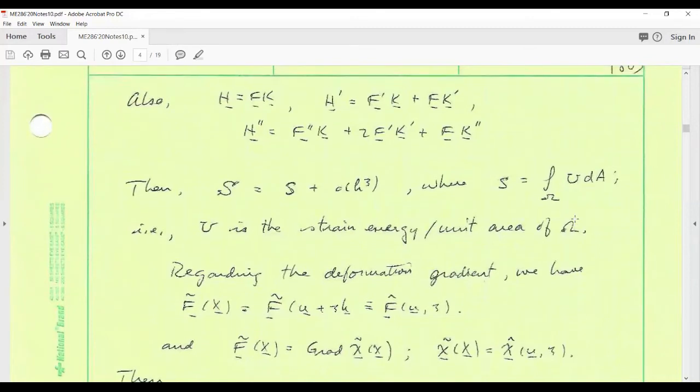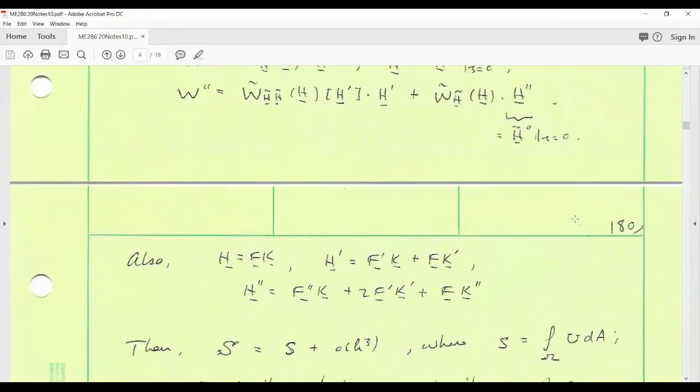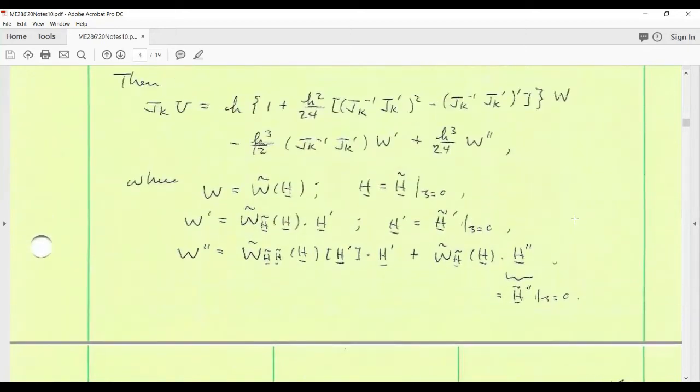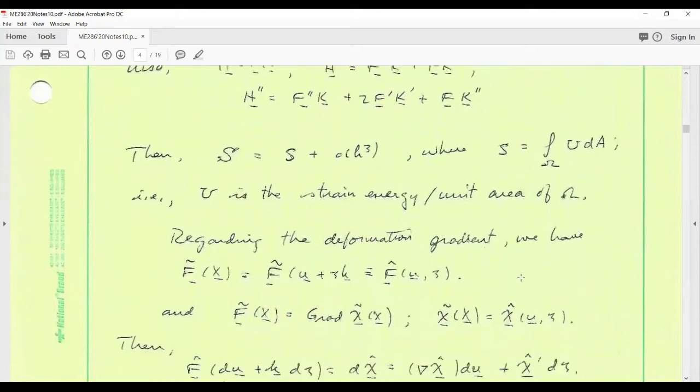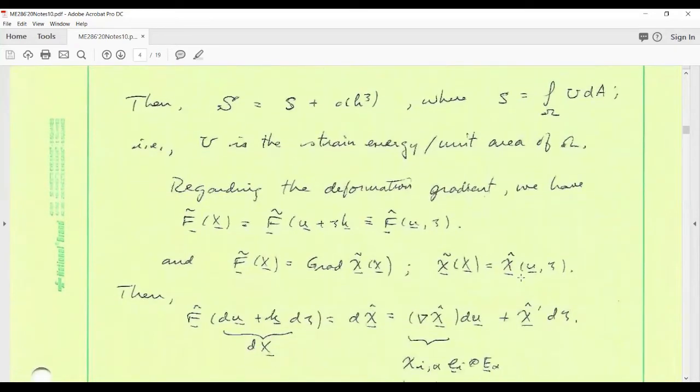So we need to do some work then to fill in the details, because to specify this, we need to work out all these, therefore we need to work out H prime, H double prime, and so on. So we have a bit of work ahead of us to do that. So this is a typical feature of all structural theories in which the domain of the problem is less than 3 dimensions. For example, beam theory is 1-dimensional.